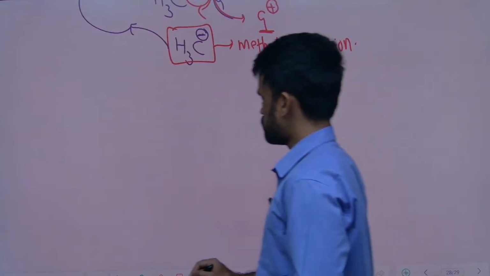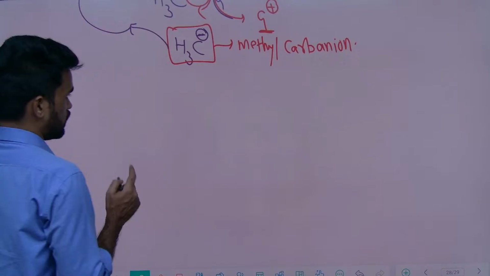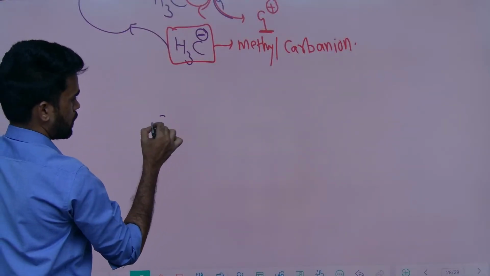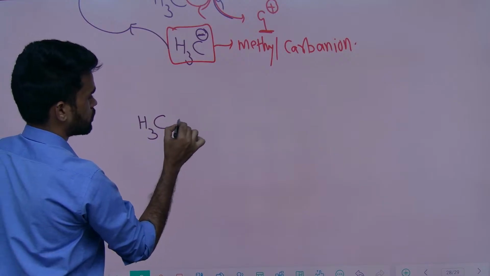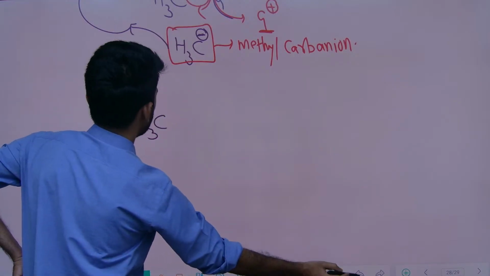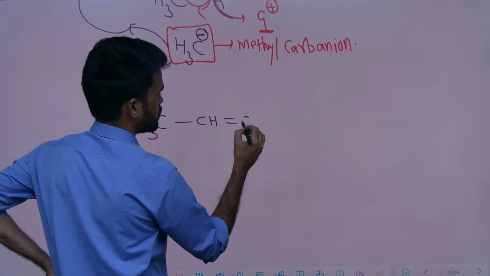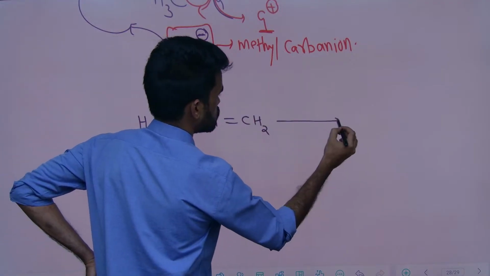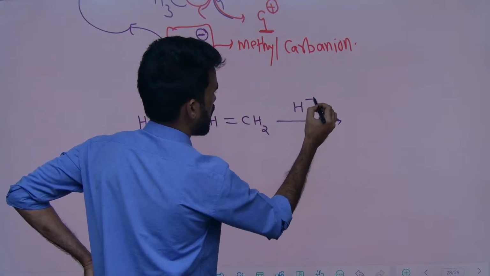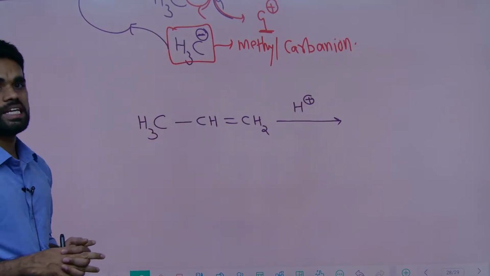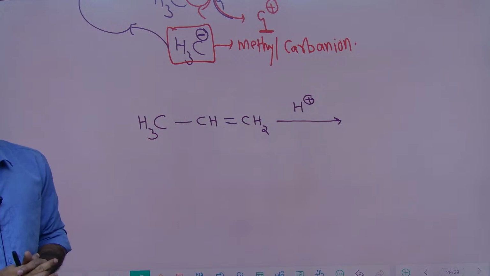So now let us do one thing here. CH3, CH double bond CH2 is there. To this I just want to add H plus. So H plus is electron deficient or rich? Electron deficient.